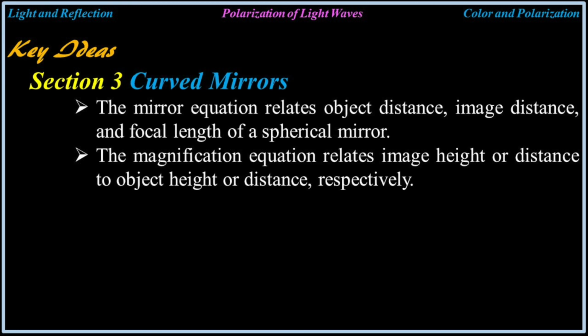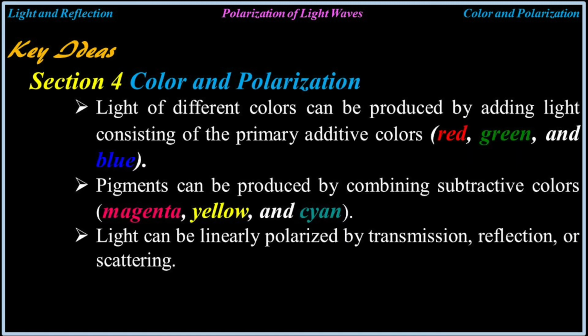Section 3, curved mirrors. The mirror equation relates object distance, image distance, and focal length of a spherical mirror. The magnification equation relates image height or distance to object height or distance, respectively. Let's look at section 4, color and polarization.